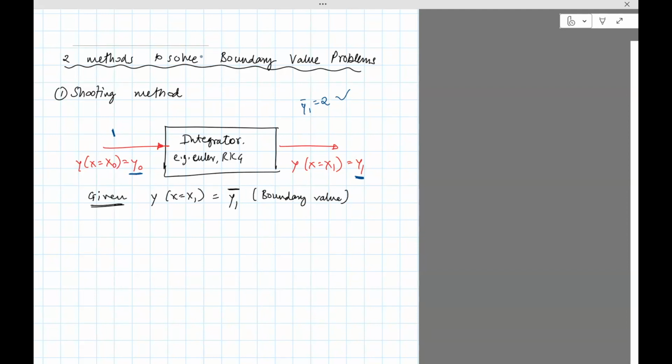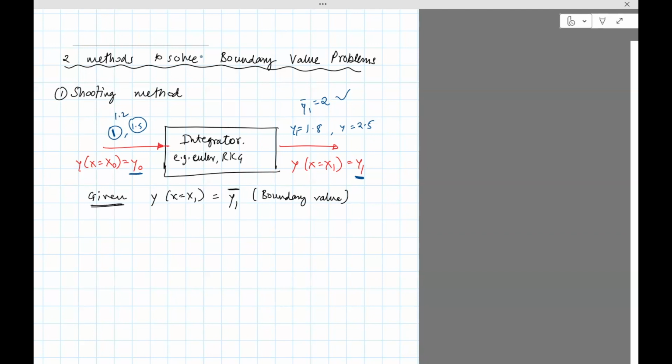So we give some value, say 1, and out comes 1.8. Now 1.8 is different from 2. So we say, okay, maybe we should try 1.5. When you put 1.5, maybe what comes out is 2.5. Then we say, maybe the value is between 1 and 1.5.